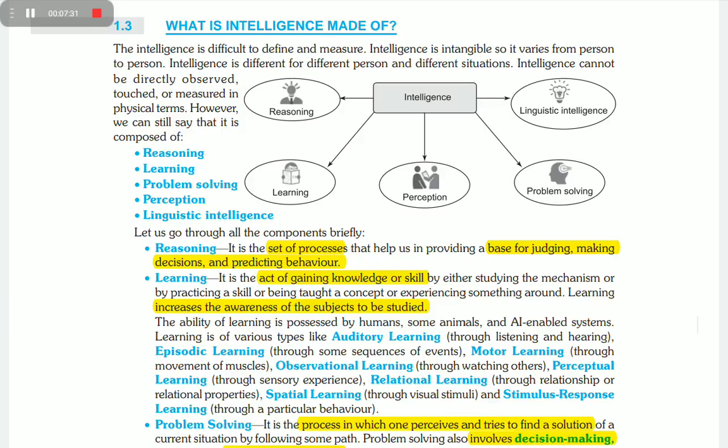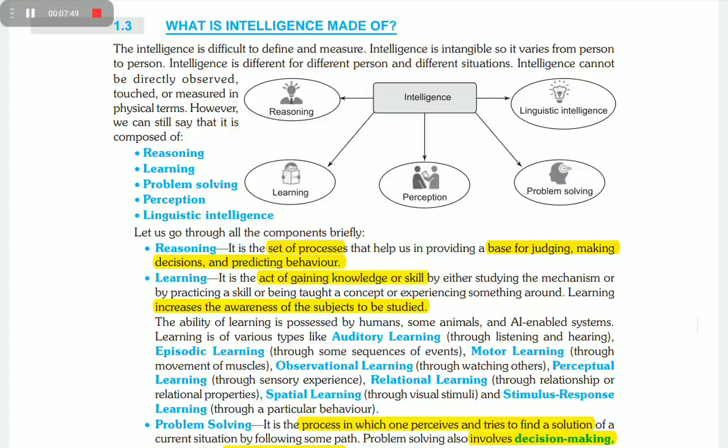Learning. It is the act of gaining knowledge or skill by either studying the mechanism, by practicing a skill, by being taught a concept, or by experiencing something around. Learning uses the awareness of the subjects to be studied.